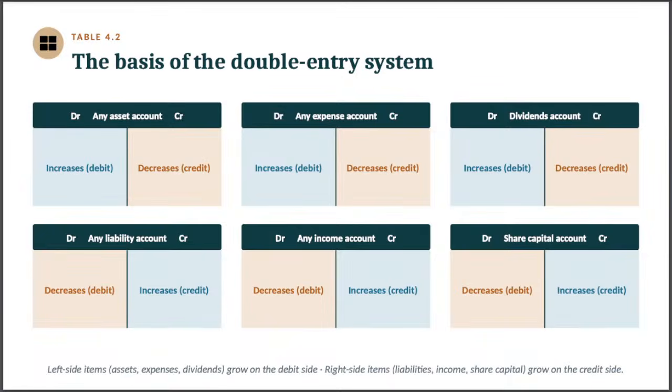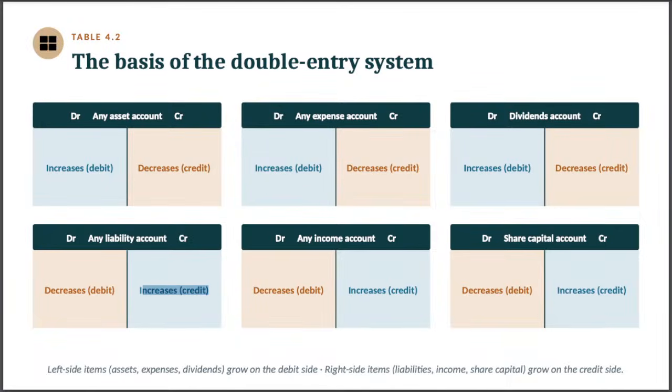All right, now let's look at the basis of the double entry system. Any asset account increases on the debit side, decreases on the credit. Any expense account, same thing. Any dividend account, so we're making dividends from those shares, increases on the debit, decreases on the credit, paid out. Any liability account decreases on the debit side. So liabilities, loans, you get a loan, it goes on the credit side.